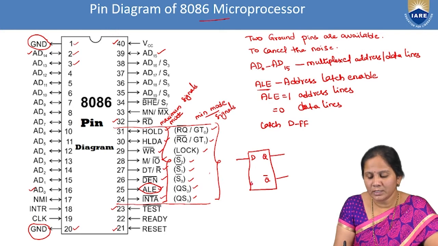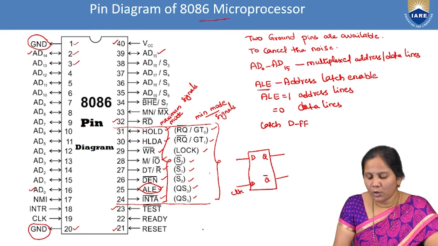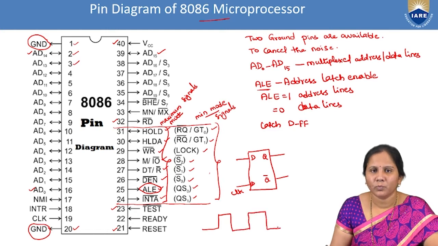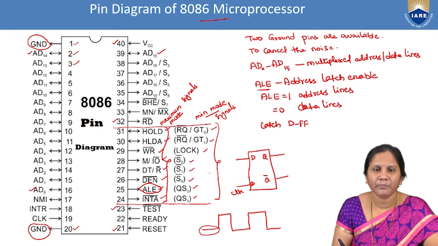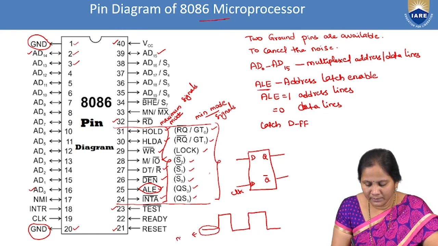Along with this, you will also have a clock signal, which is given as input. Generally, how will the clock signal be? The clock signal will be like this. The clock signal consists of 4 parts. This is one part, called negative level.